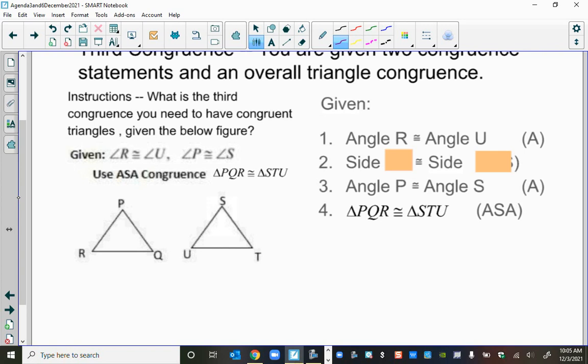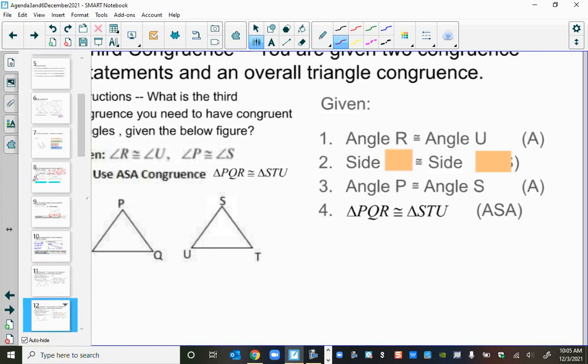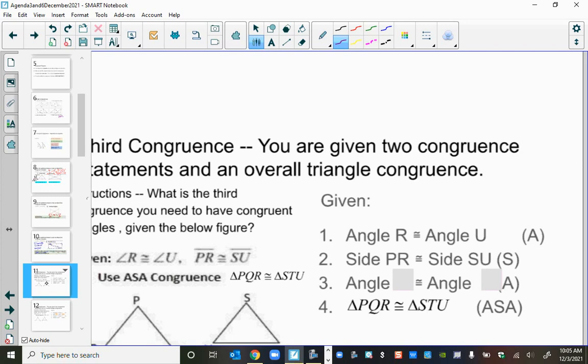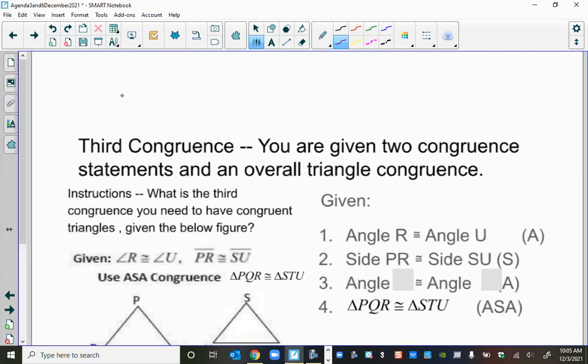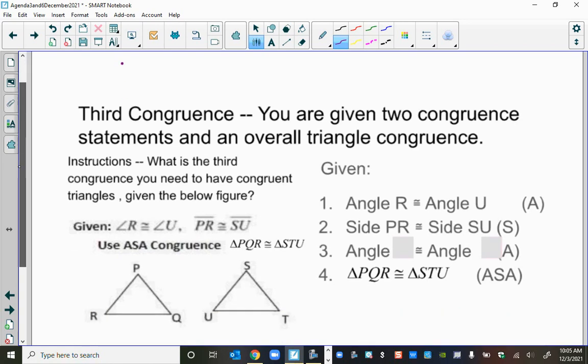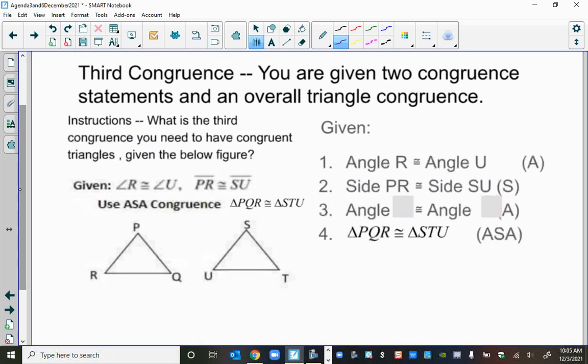What's on the next slide? I might have given you the wrong one by mistake. Oh, I skipped the slide. Okay, I skipped it by mistake. All right, here we go. Sorry about that. I went a little too far.